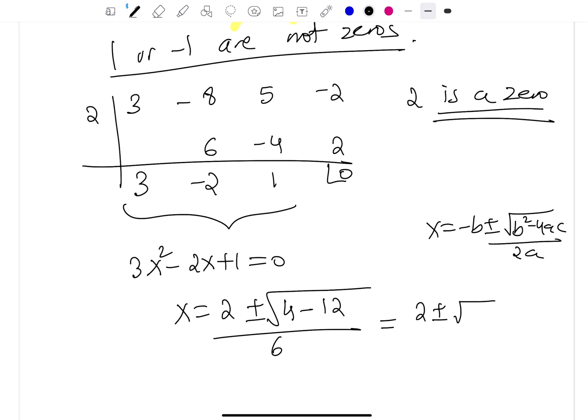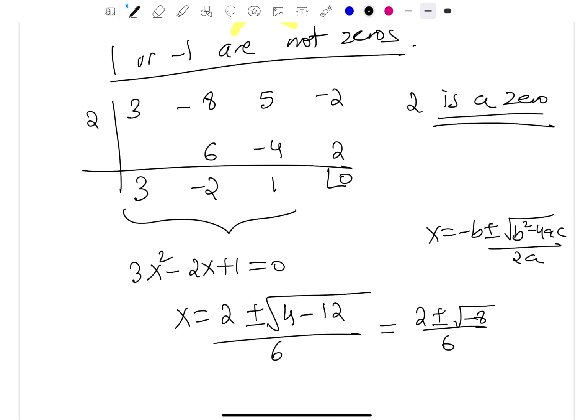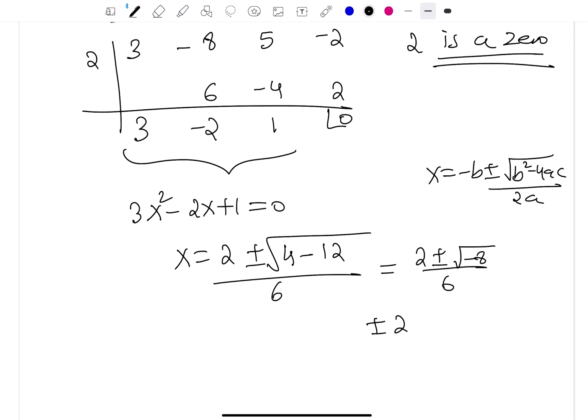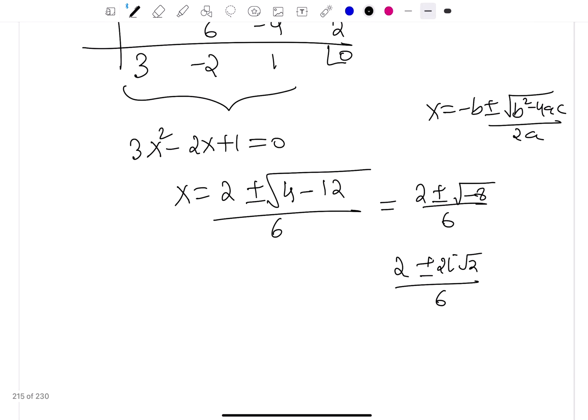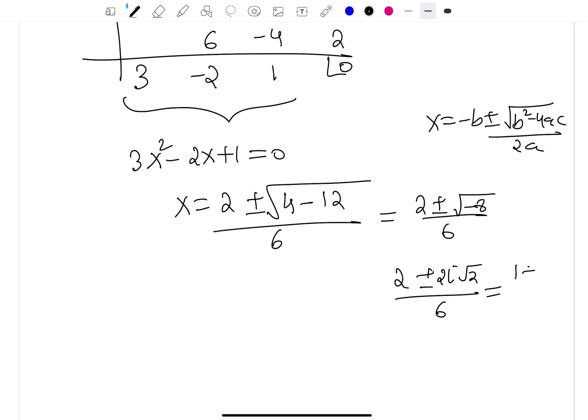That would leave us with 4 minus 12 is -8 over 6. And we can pull out an i, so 2 plus minus 2i root 2 over 6. And we can factor out a 2 from the numerator, cancel with the denominator. We'd be left with 1 plus minus i root 2 over 3.